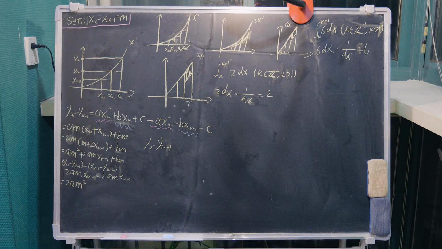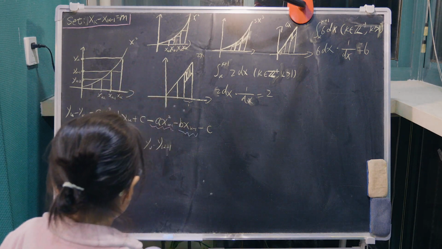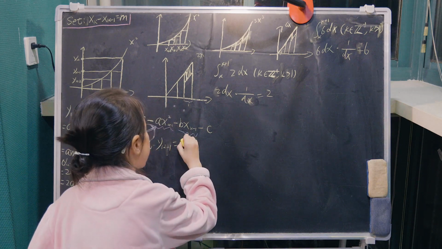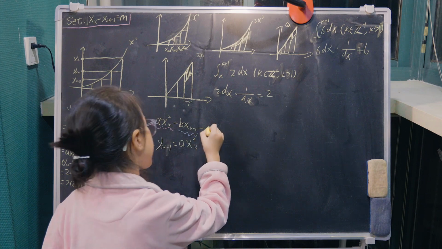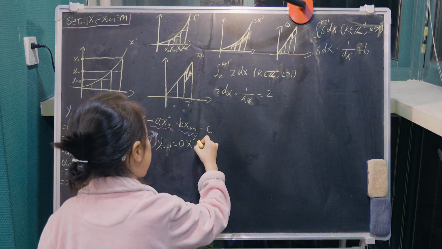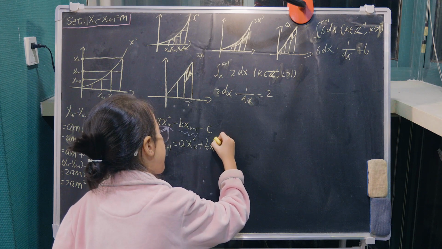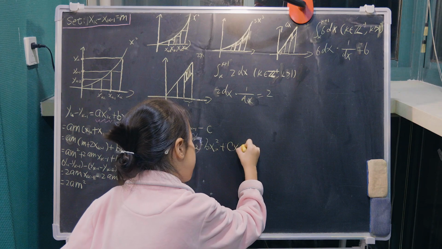First, let's see here. This is equal to, we know, this function changed to a xk to the 3, and then plus b xk to the 2, plus c xk, and then plus d.